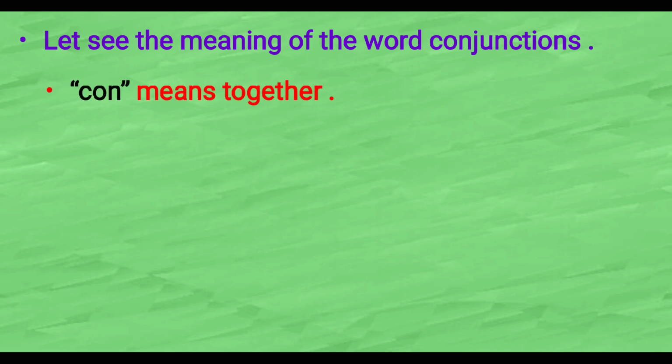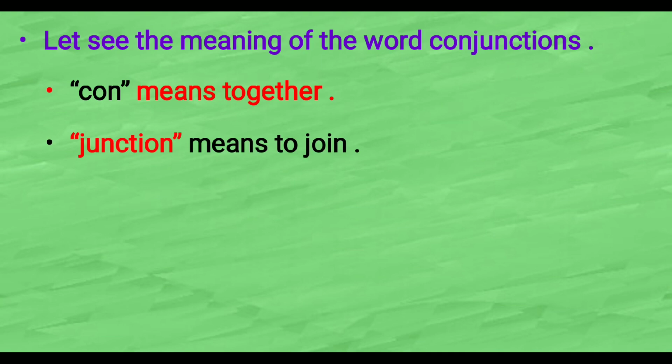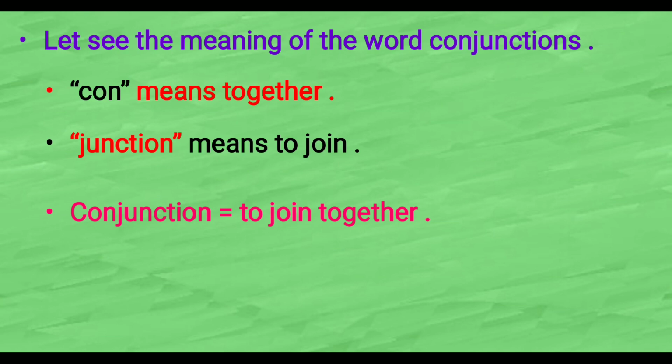"Con" means together, "junction" means to join. So the meaning of conjunction is to join together. It means that we need a conjunction to join the sentences.